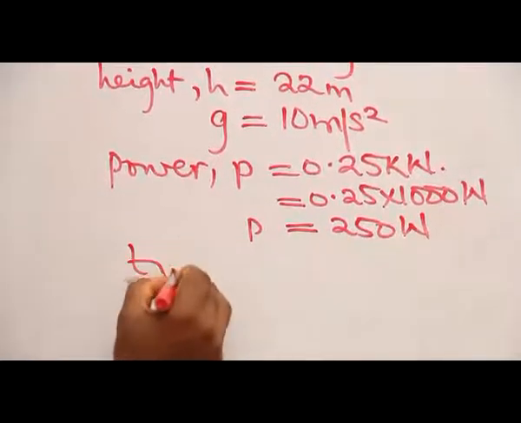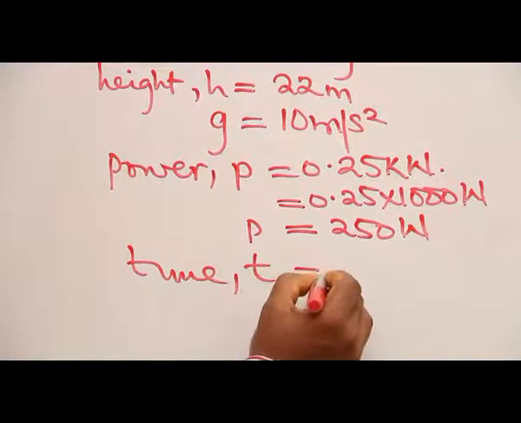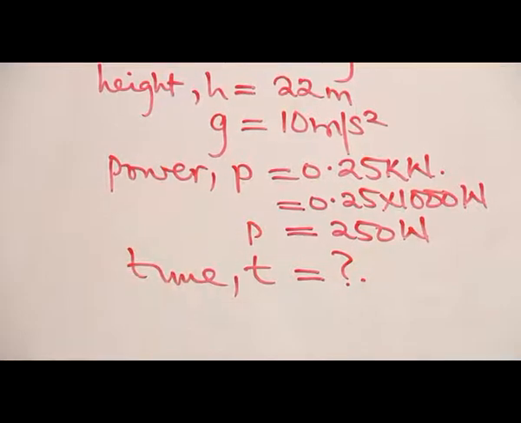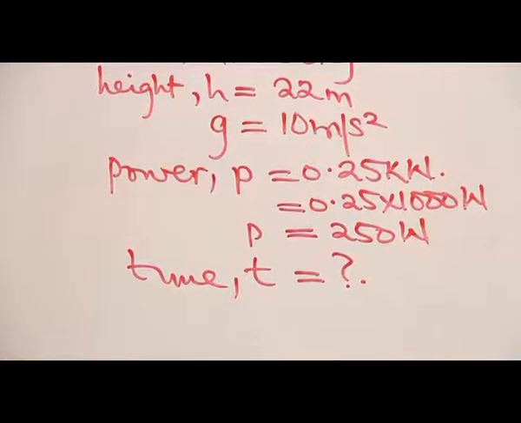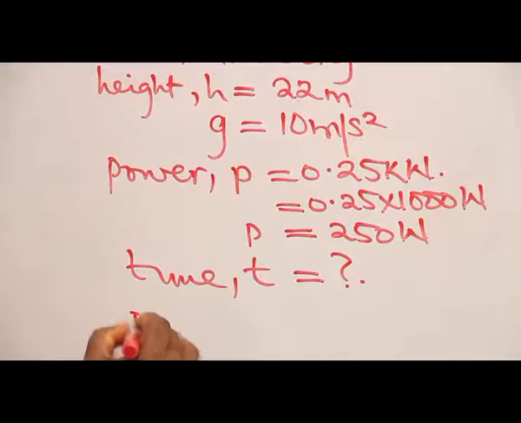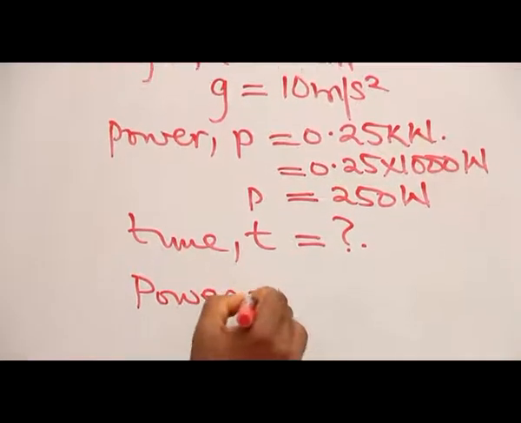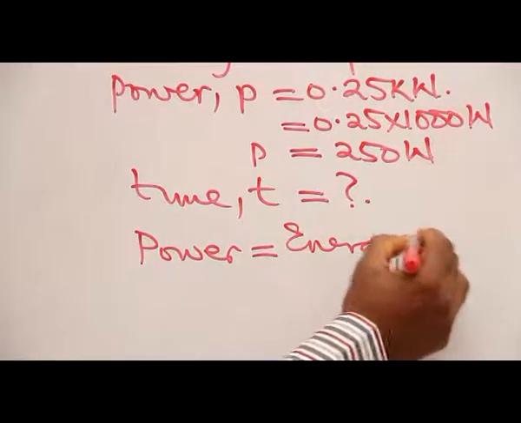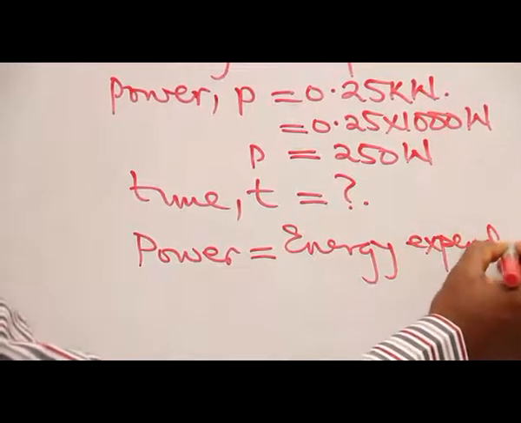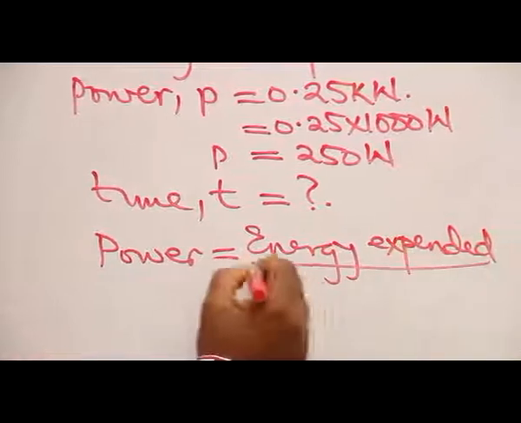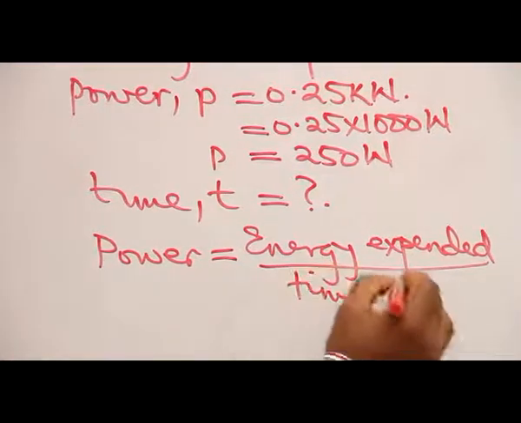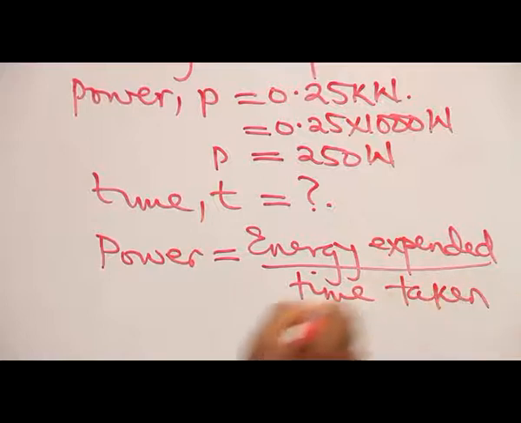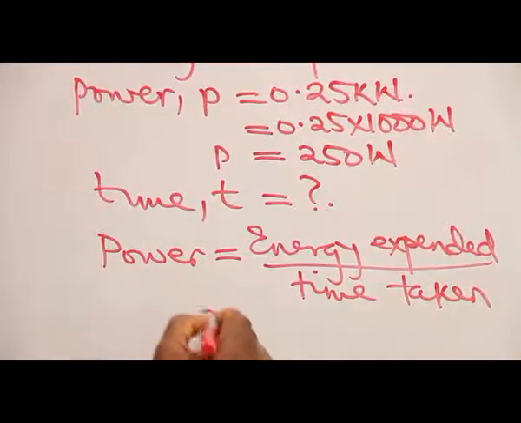Then we are asked to find the time it takes to get this done. Power is equal to energy expended divided by the time taken. And that energy is potential energy.